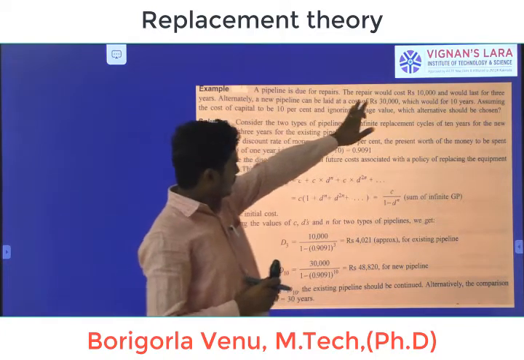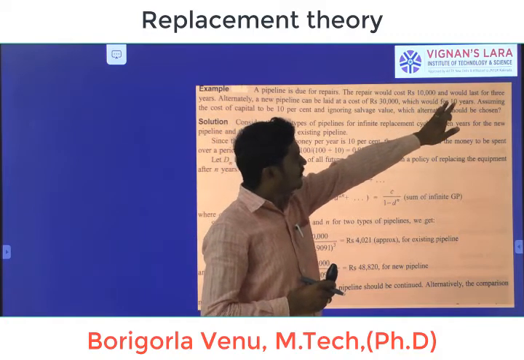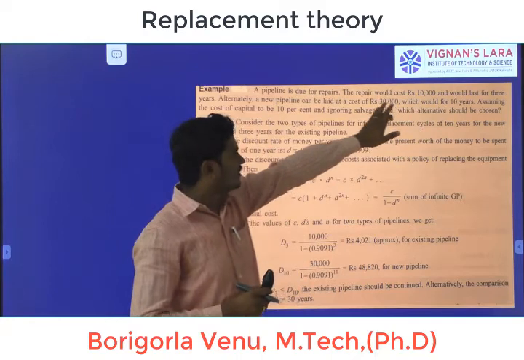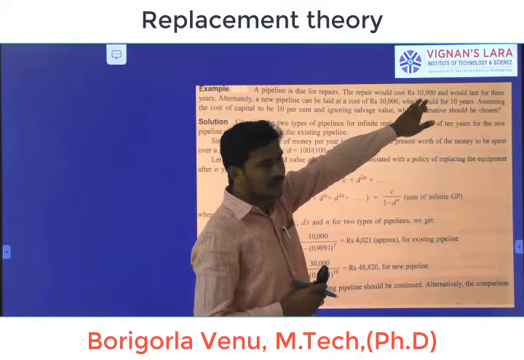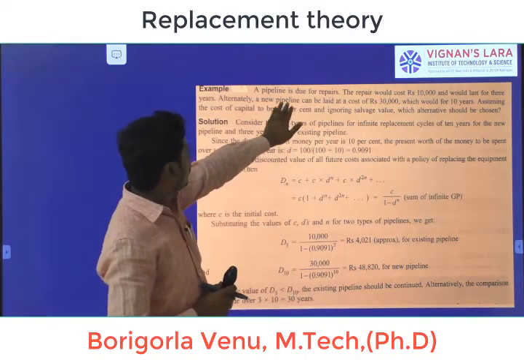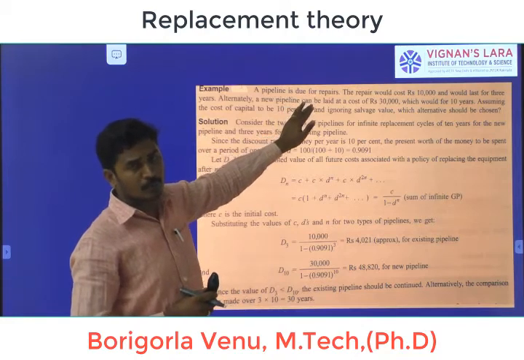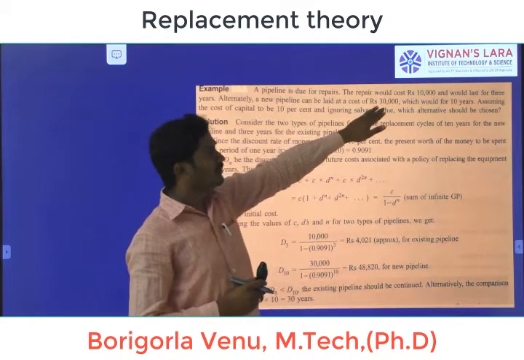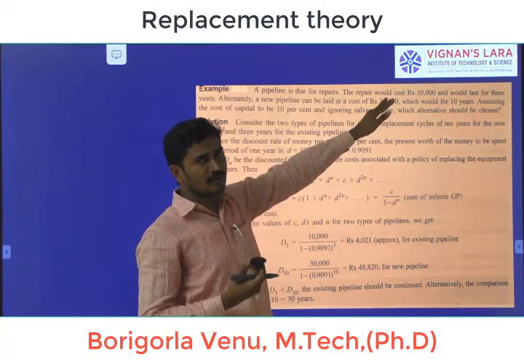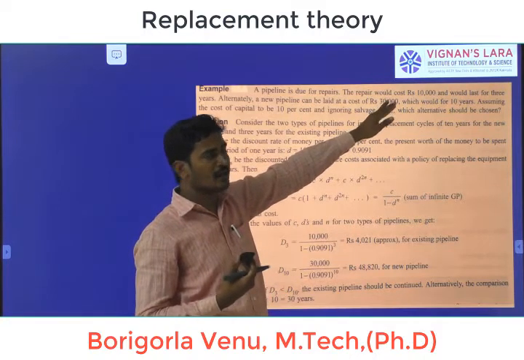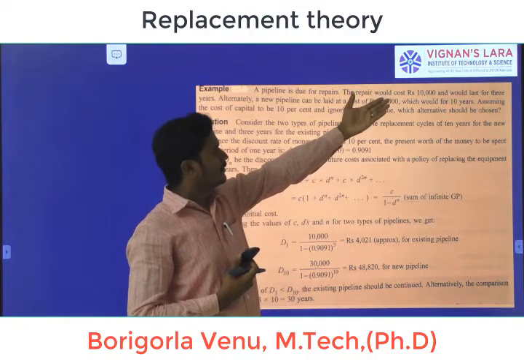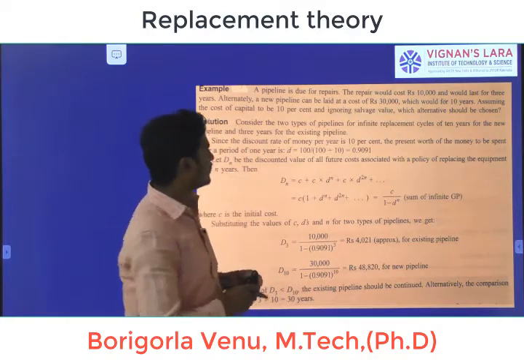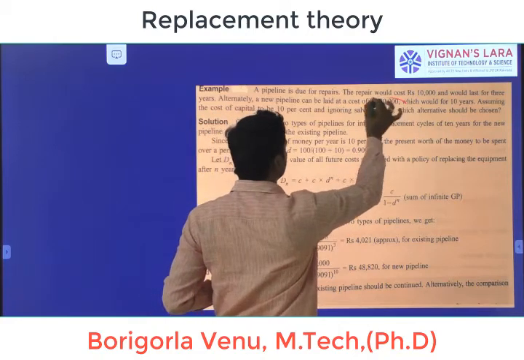If we take 3 years of maintenance cost, that will be 10,000. Coming to the new pipeline, we are going to replace the existing one. With the worth of 30,000 rupees only we get the new pipeline, and for 10 years there is no maintenance. For the 10 years we have 30,000 rupees only.